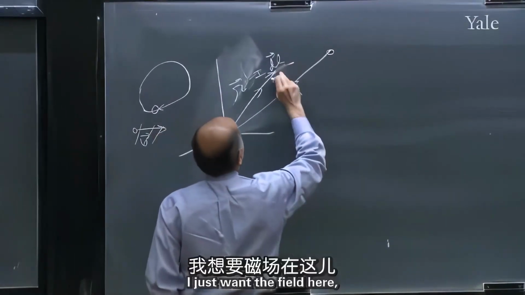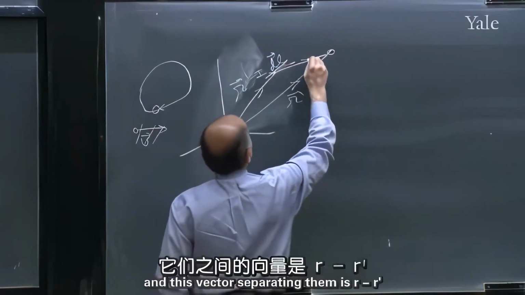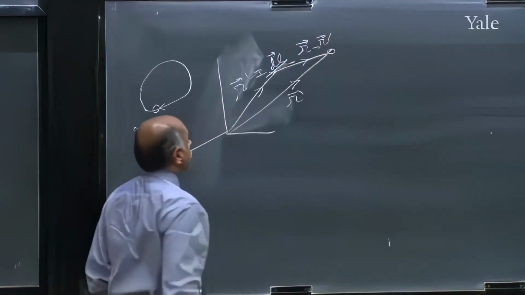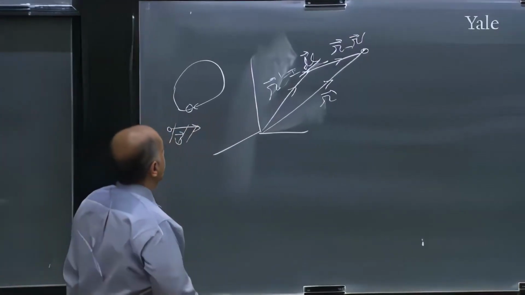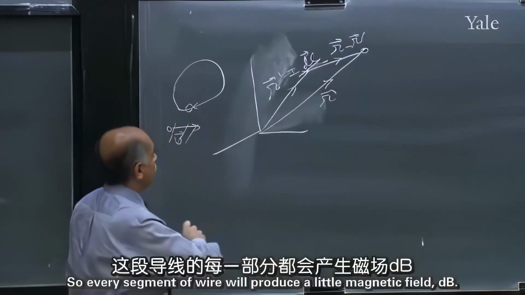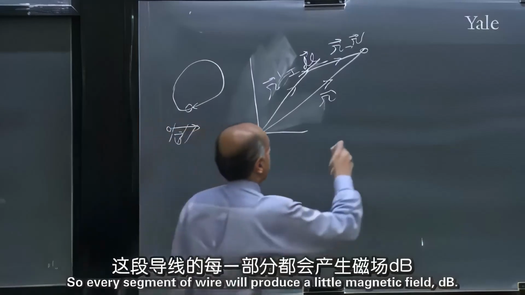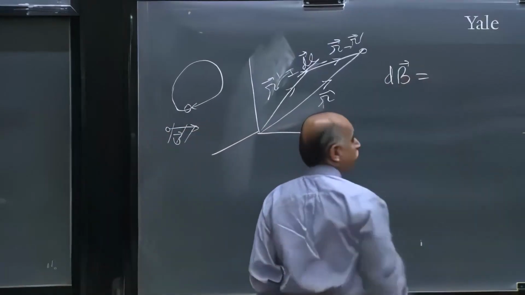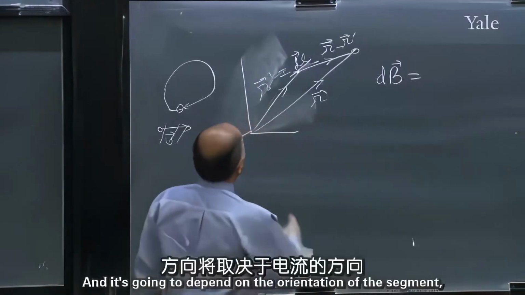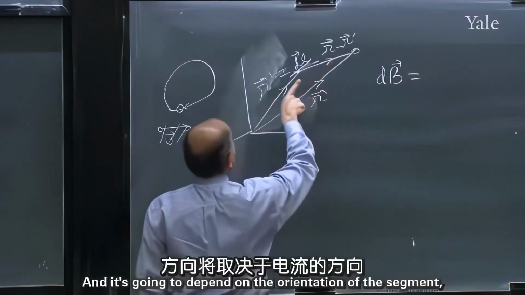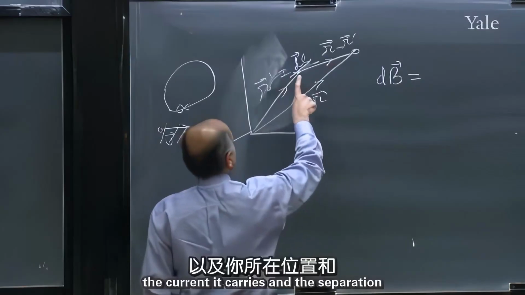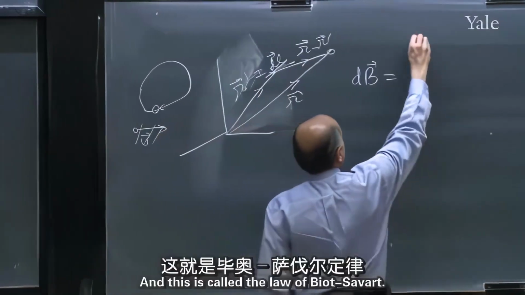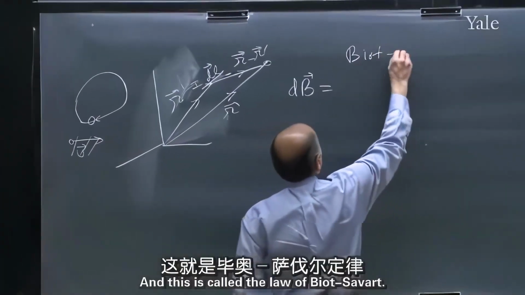And this vector separating them is r minus r prime. So every segment of wire will produce a little magnetic field, dB. It's going to depend on the orientation of the segment, the current it carries, and the separation between where you are and where the current is. And this is called the law of Biot and Savart.